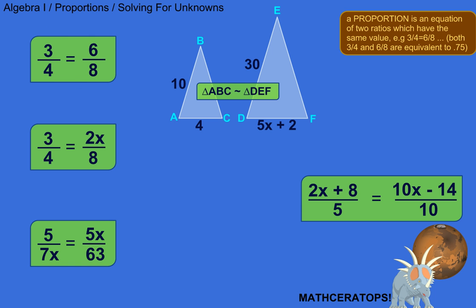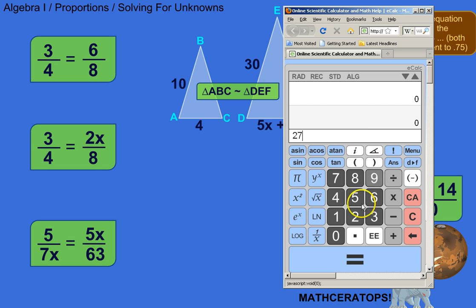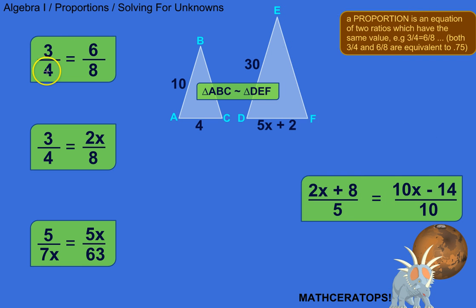If you take a calculator and divide 3 divided by 4, which is what that fraction is saying, 3 divided by 4 is 0.75. 6 divided by 8 is 0.75. So these two ratios have the same value, 0.75 if you want to express it that way.